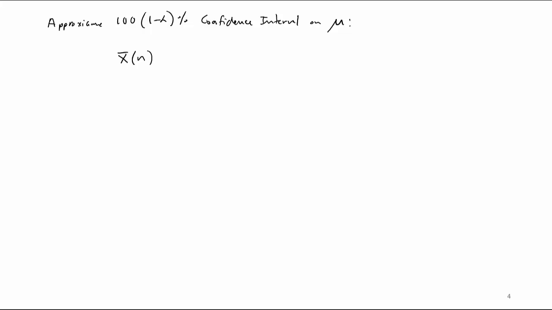X bar n plus or minus t with n minus 1 degrees of freedom at 1 minus alpha over 2, times the standard error, S n over the square root of n, where this is the 1 minus alpha over 2 percentage point on Student's t distribution.